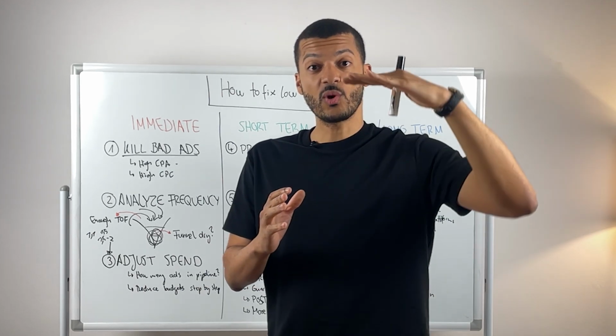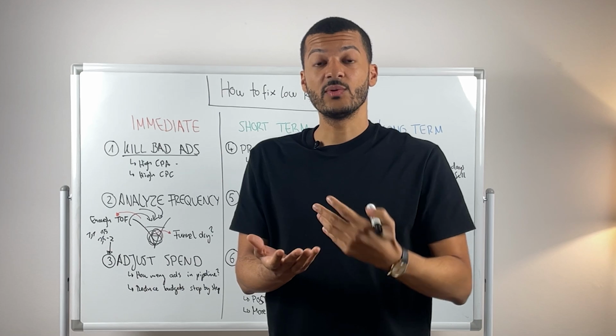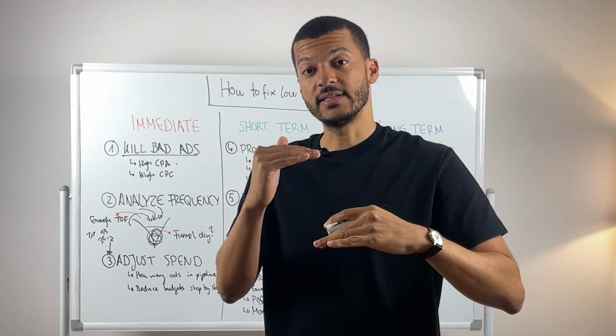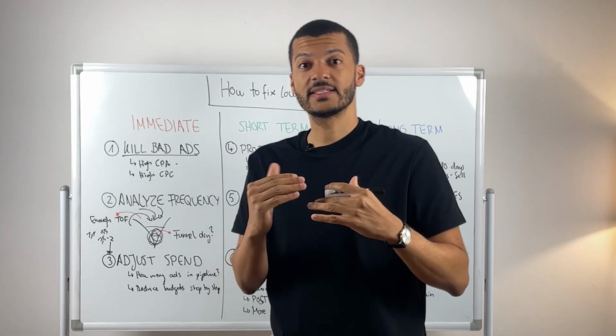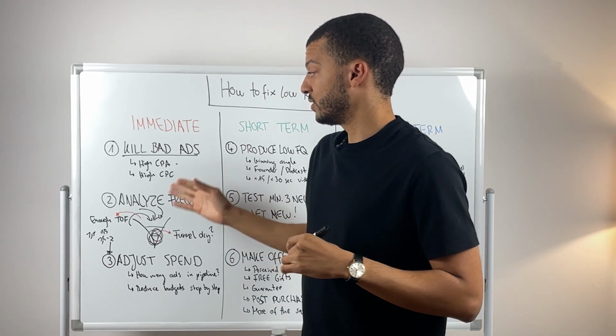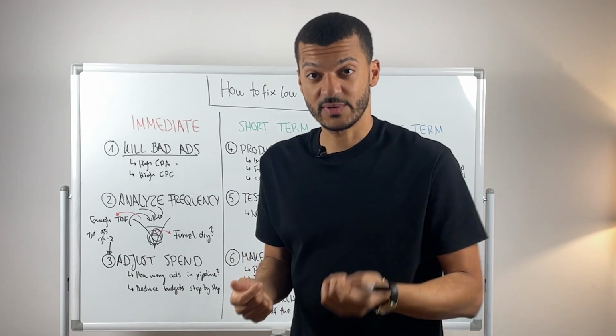Right? Because I want to go through these tests quickly. I want to give the algorithm the chance to actually spend on all of these ad sets and all of these tests to determine a new winner and just make it possible to optimize stuff, right?